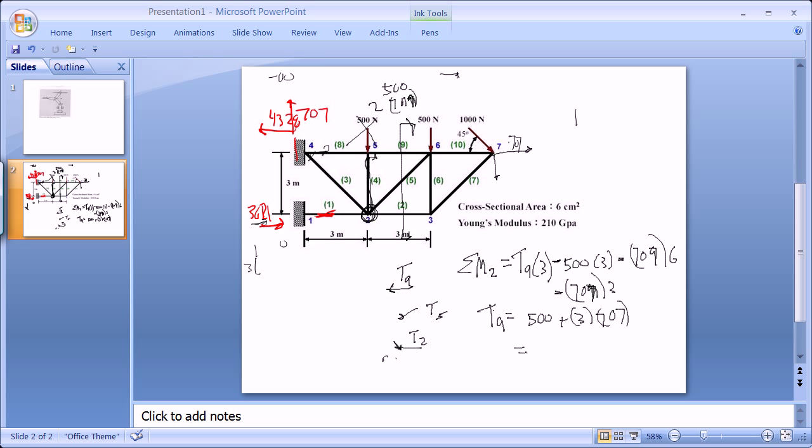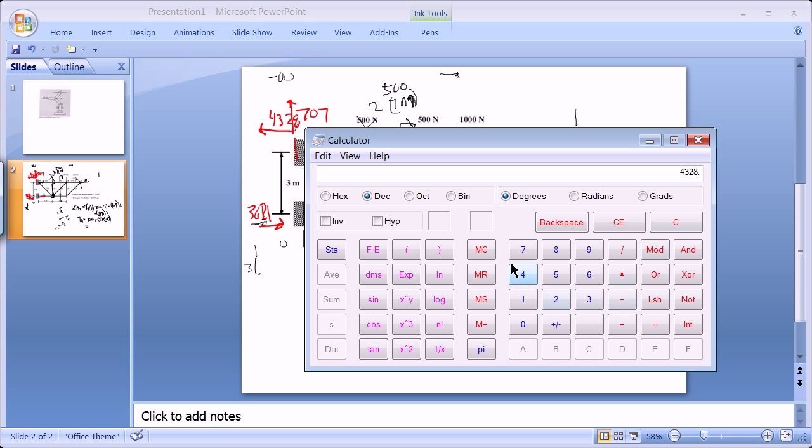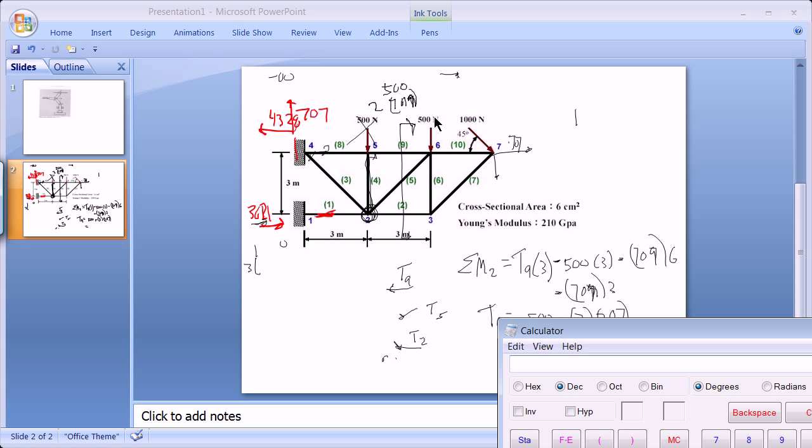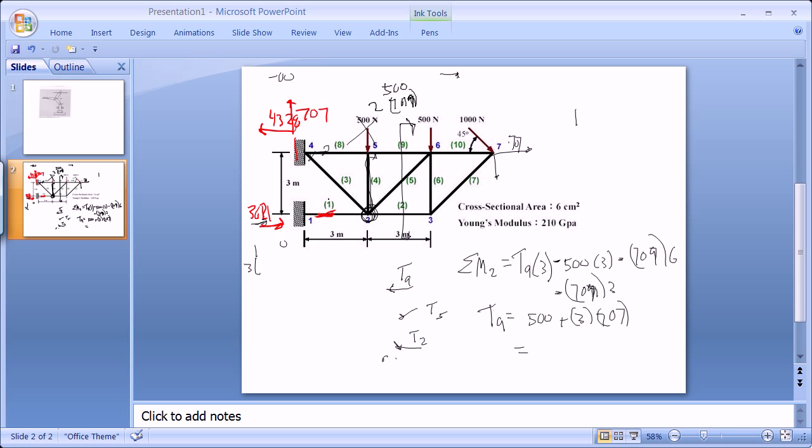If I go down here, I'm pulling this up here, 707 times 3 plus 500, and we have that equal to 2621. So right inside this member here, the tension in 9 equals 2621. And we know that it is, in fact, tension.